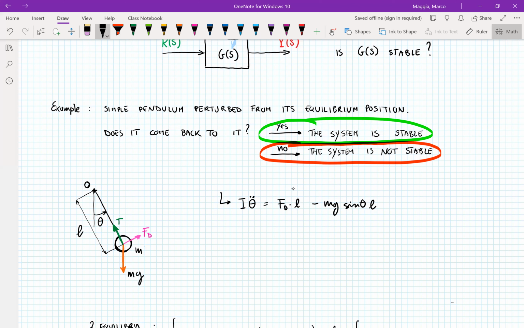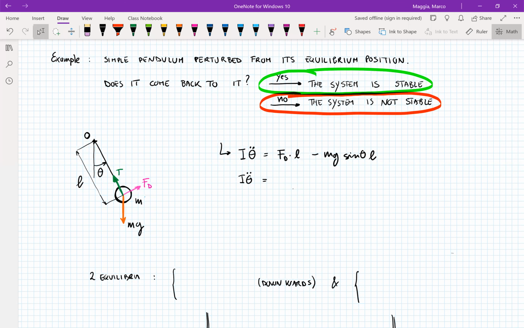What we can do now is substitute this drag force or friction force with a coefficient, and then we can take it proportional to the angular velocity. So we always write it as minus d times theta dot. The minus is because it's always opposite to the motion of the pendulum. And times L, and the rest remains the same.